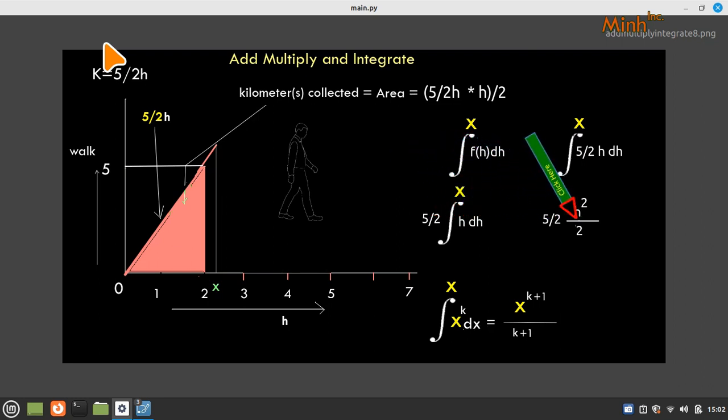This becomes this, because I already know this. This is the rectangle. So can we come to a formula where x to the power k dx, if I calculate the integration, becomes x to the power k plus 1 divided by k plus 1? That is what we see here.